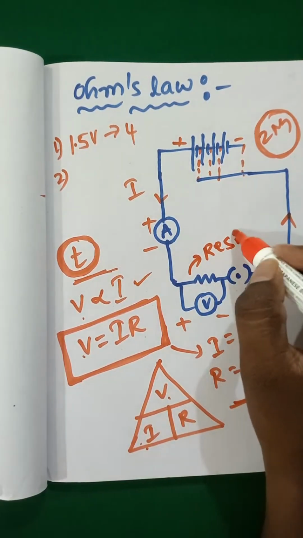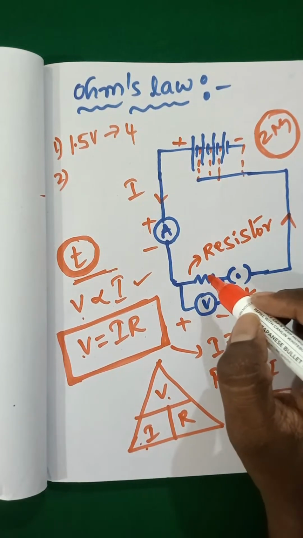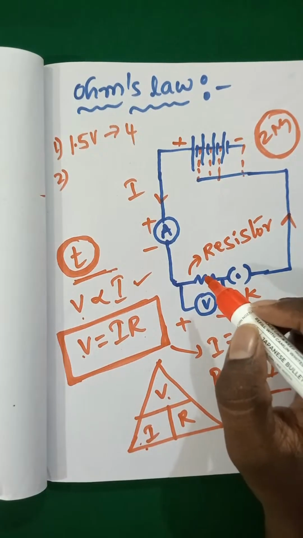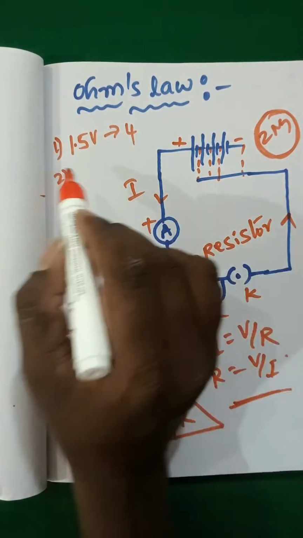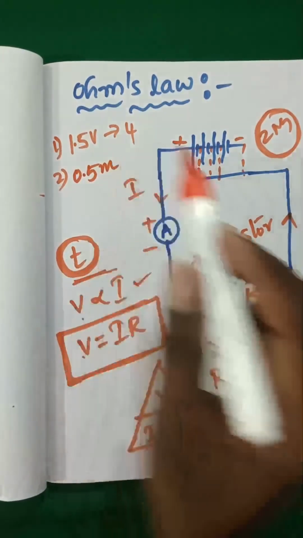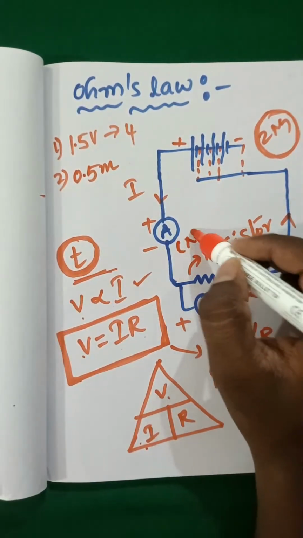Resistor is nothing but a nichrome wire of 0.5 meter.